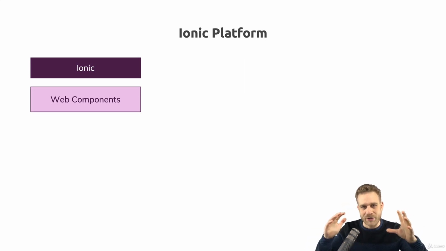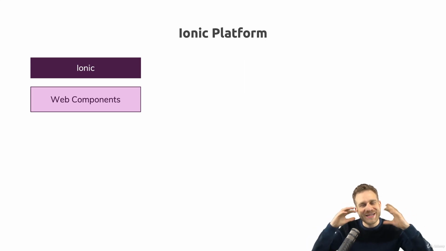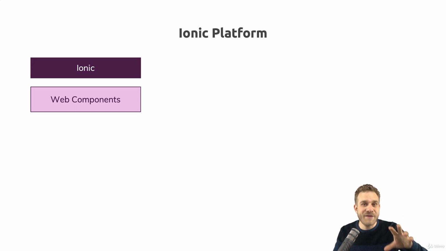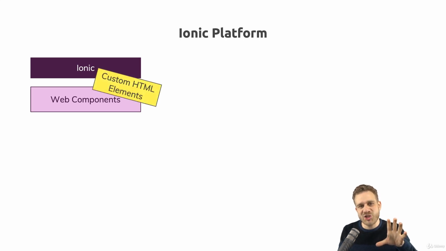That is the core of Ionic, this suite of nicely styled, platform agnostic and automatically adjusting, so that you automatically have the look of the platform you're running on, web components which you can dump into your web project. So these custom HTML elements could be built by you, but with Ionic you don't have to. You get a finished suite of such web components.